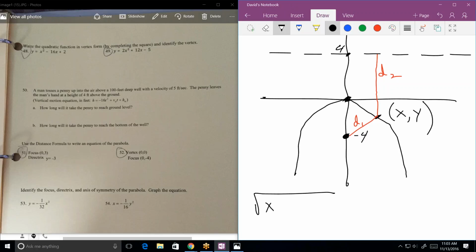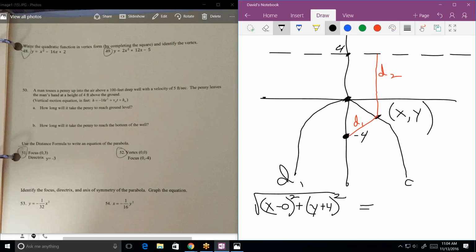You're subtracting the x coordinates of these 2 points. What's the x coordinate of the focus? 0. Okay, so it's x minus 0 squared. Plus what? The other variable is y. Yeah, which is negative 4. Okay, so y minus a negative 4, so it is y plus 4 squared. Okay, and that's D1.